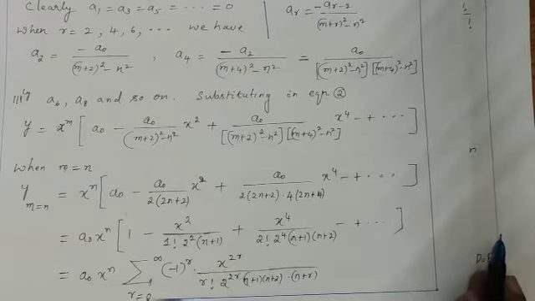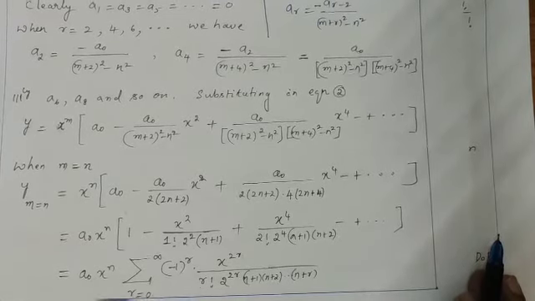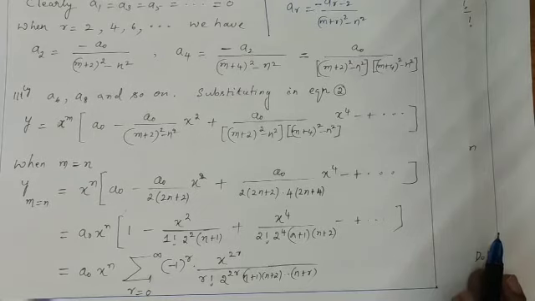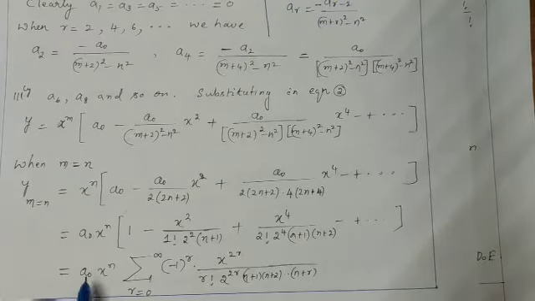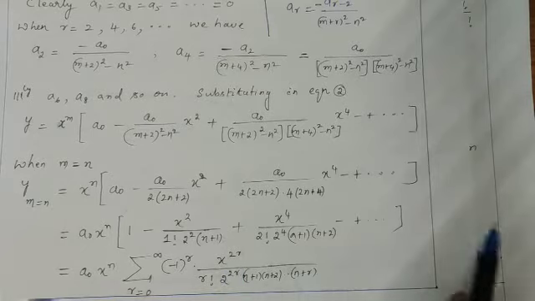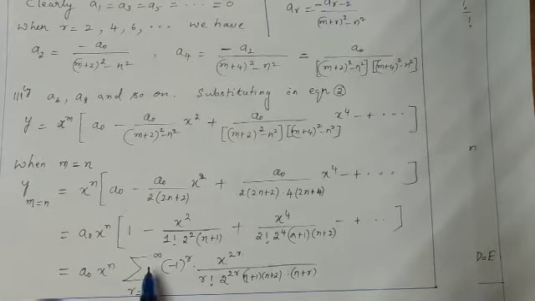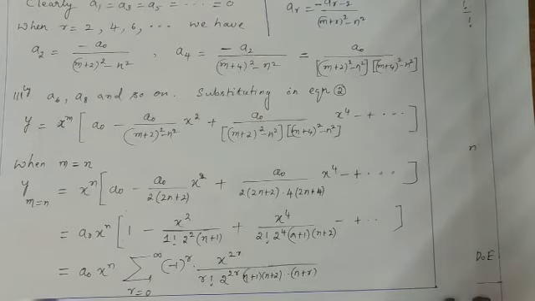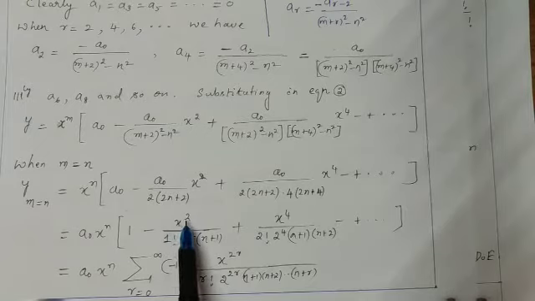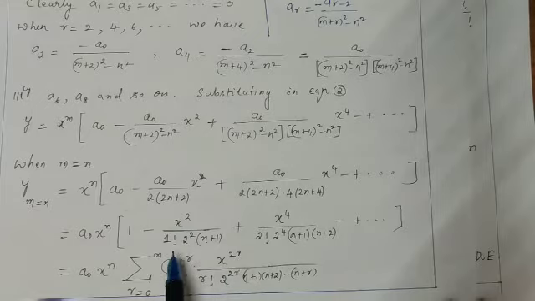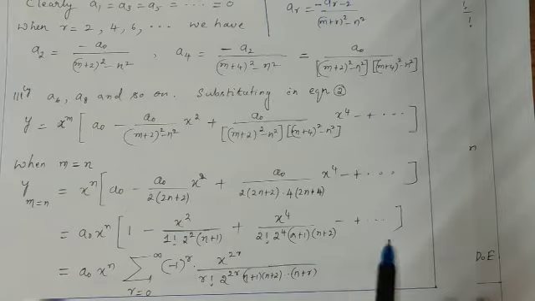So therefore the next step is I will use the sigma notation to write this. If you use the sigma notation, I will find a naught x power n. Now this is summation r equal to 0 to infinity, the alternate sign, plus minus, therefore minus 1 power r. Now the power of x is even, 2, 4, so therefore x power 2r. And once again here 0 factorial, 1 factorial, 2 factorial, like this it will continue, therefore it is r factorial.